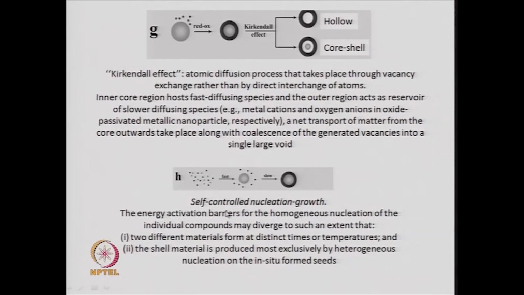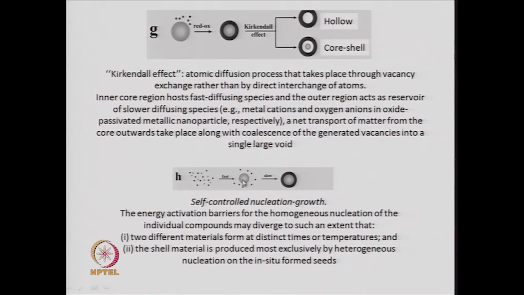So, this is a self controlled nucleation and growth mechanism, and it has two different materials which form at two different times or temperatures, and the shell material is produced exclusively by heterogeneous nucleation on the in situ formed seeds. So, this is the seed, the light gray particle, which is formed in situ from these small light gray particles.